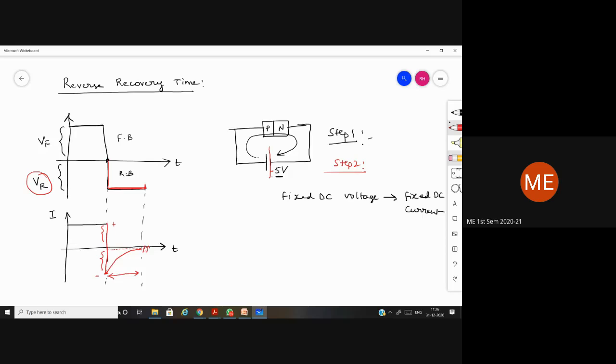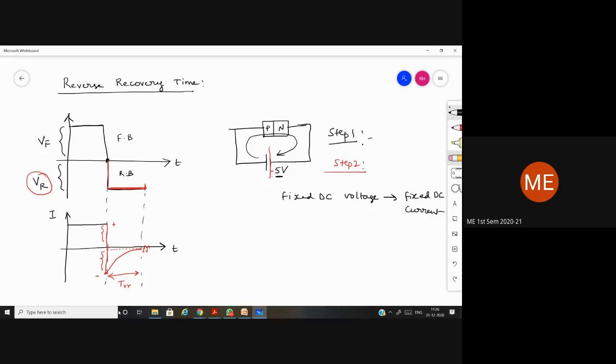So the time taken by the diode to reach its reverse saturation level is known as reverse recovery time. See, it is taking this much time to reach this level.